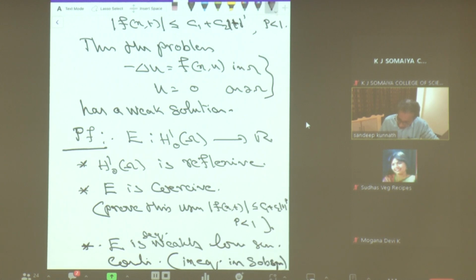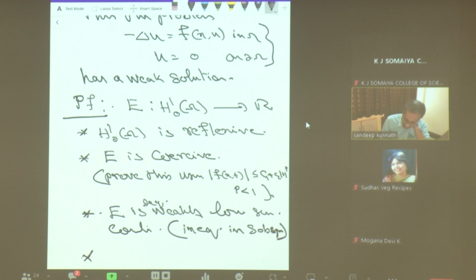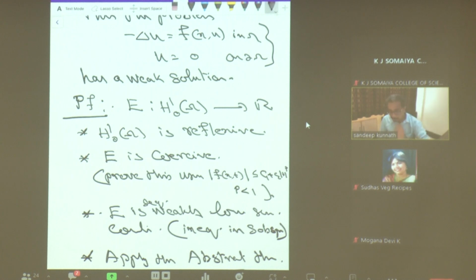I'm not going into the details, I'm just giving you an idea. So these properties are there, therefore you can apply the abstract theorem. So with the help of that, you can prove that there is a weak solution. That is the way you can try to prove it.